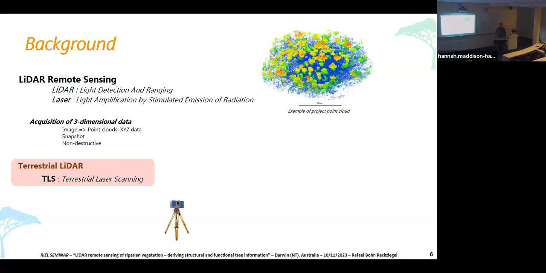When we talk about terrestrial LiDAR, we understand pretty much the sensor being mounted on a tripod, and we also refer to it as TLS, terrestrial laser scanning, which is an acronym often used.